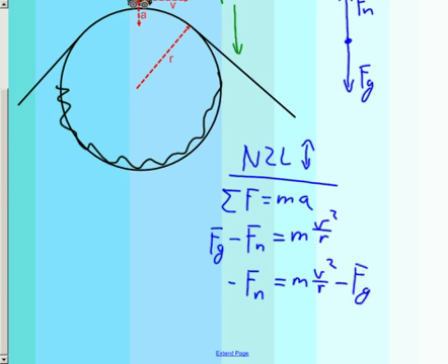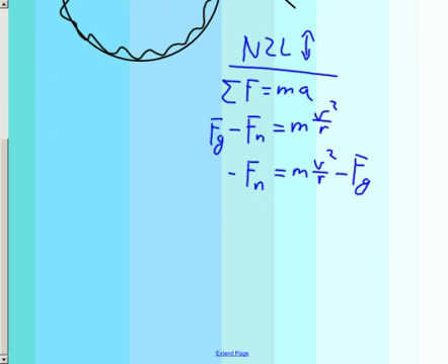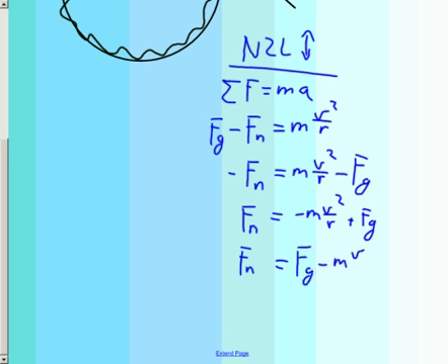Now I don't want minus the normal force, so I'm going to multiply everything by -1. That'll change the sign of each term. Minus mv squared over r plus the force of gravity. I'm going to switch those two terms on the right side just to make it neater: force of gravity minus mv squared over r.